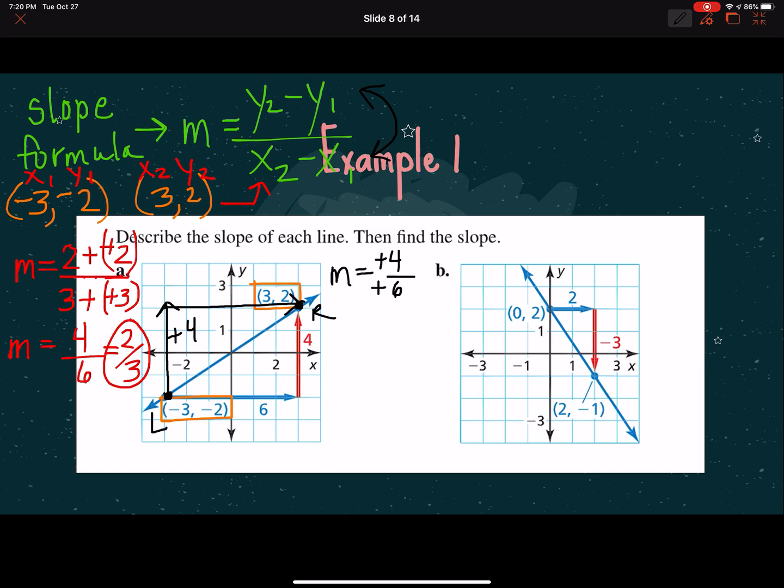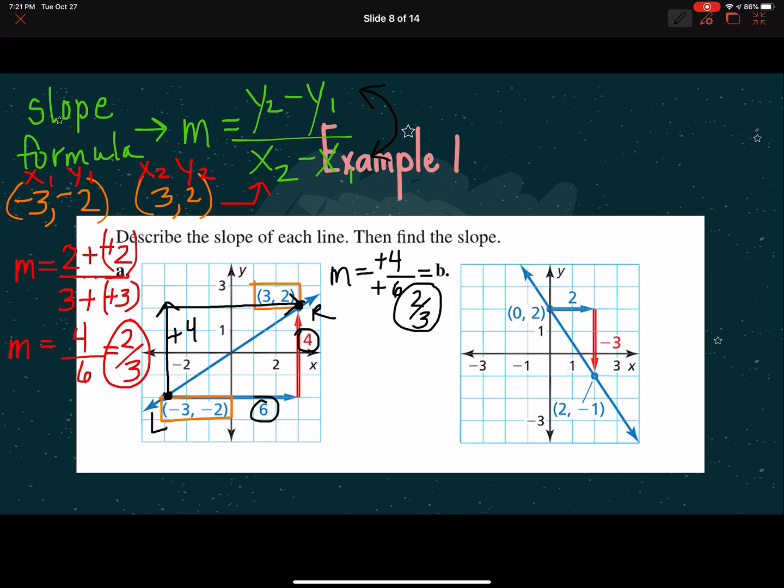So that's a change of positive 6. So 4/6 simplifies to 2/3. And I did that just by counting from the left point to the right point on the graph, which they had those values for us already. I was just showing you the process that you go through to count.